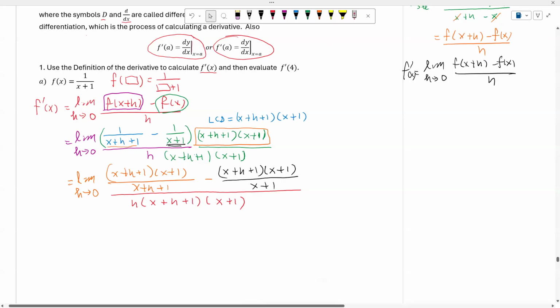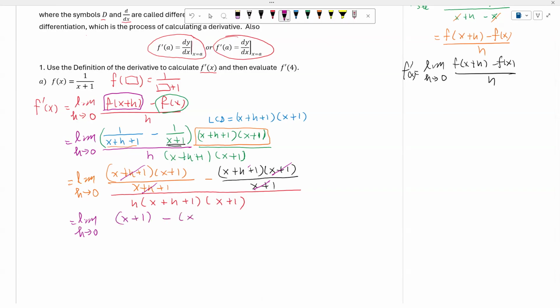And now this one and this one cancel. This one and this one cancel. x plus 1 minus x plus h plus 1 divided by x plus h plus 1 times x plus 1. x plus 1 minus x minus h minus 1.